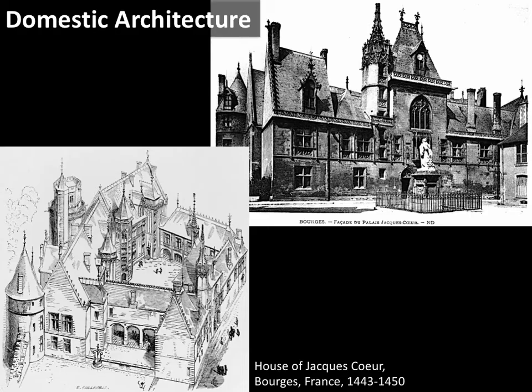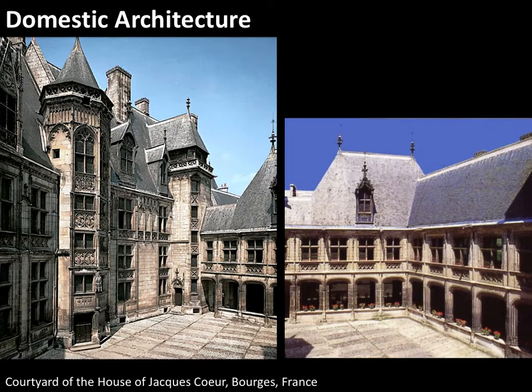Also, this is built around a central courtyard. Here are photographs of the building today, giving us a view of what it's like within that central courtyard. You could come into this space and you're protected within it, but you're still not within the building. So it's very much the same idea as a castle, but these manor houses were on a much, much smaller scale.